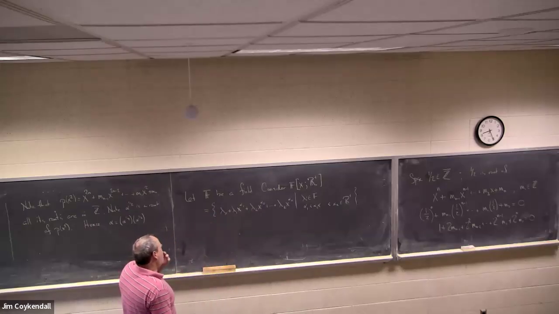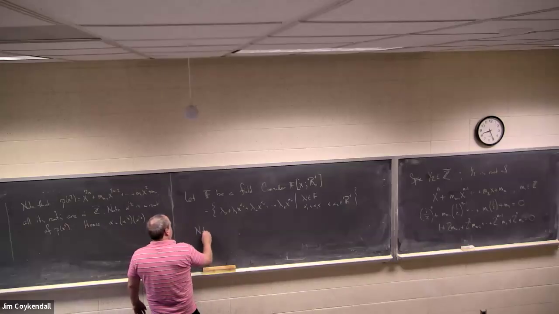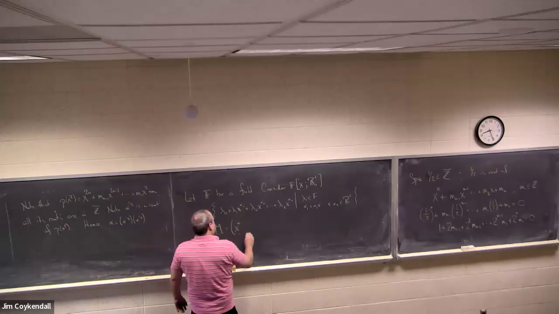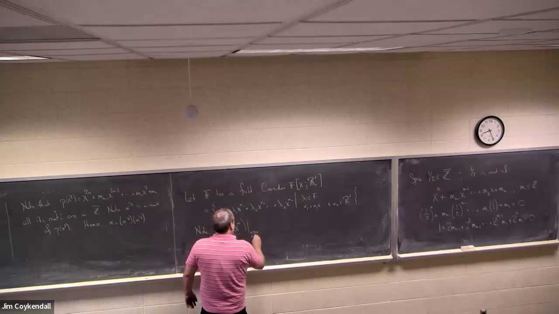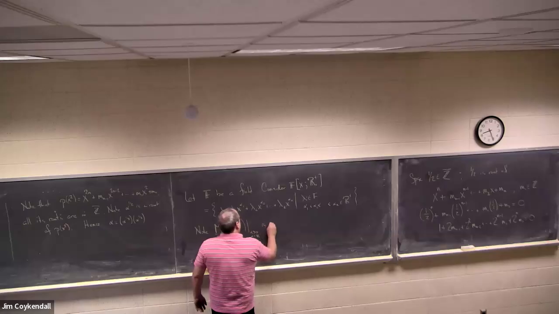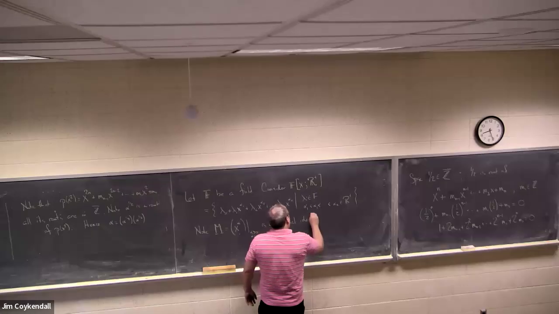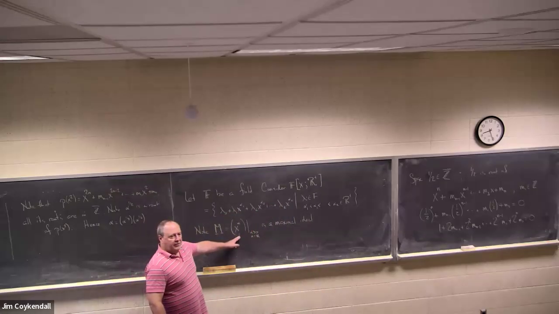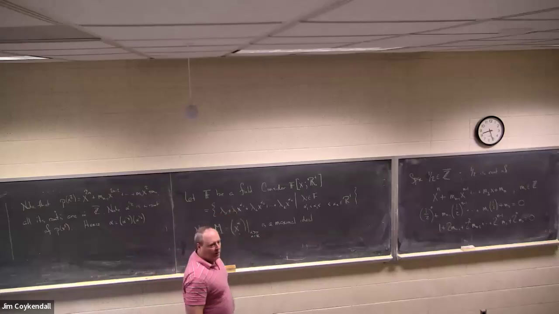Now, notice this is the set of all of these polynomials where lambda 0 is 0, so it's generated by every positive power of x.